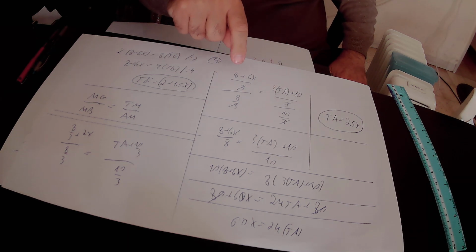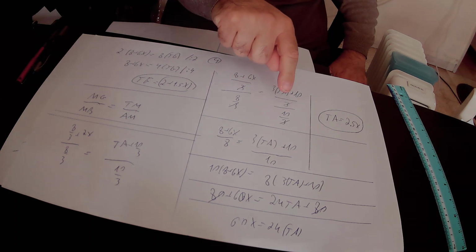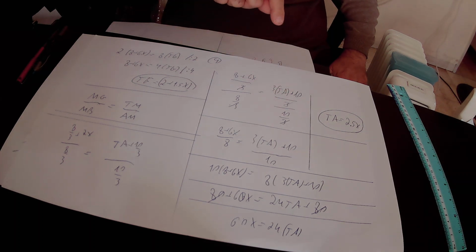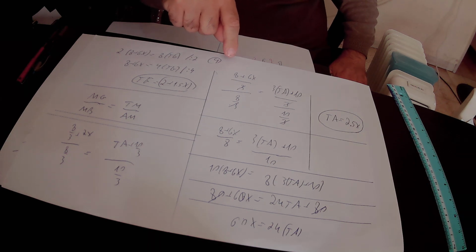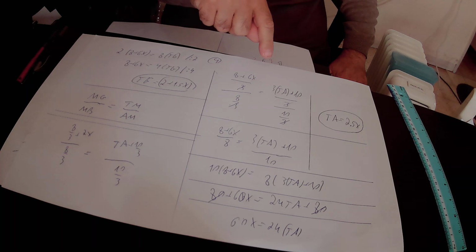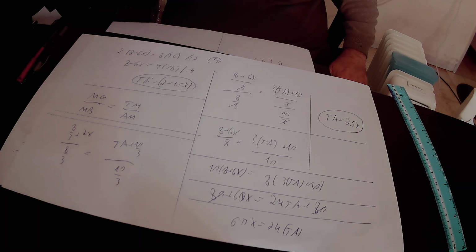We have 3 in the numerator and 3 in the denominator, so 3 will get cancelled. Here also we have 3 in the numerator and 3 in the denominator, so 3 also will get cancelled. So on this side of the equation we are left with (8 plus 6x) over 8. On the other side of the equation we have (3TA plus 10) over 10.